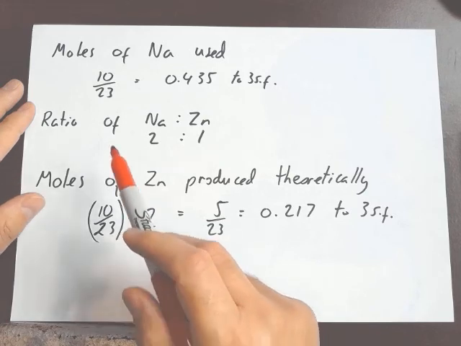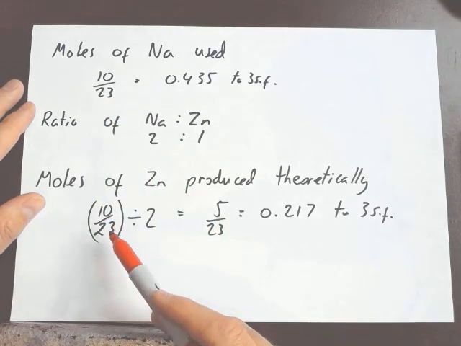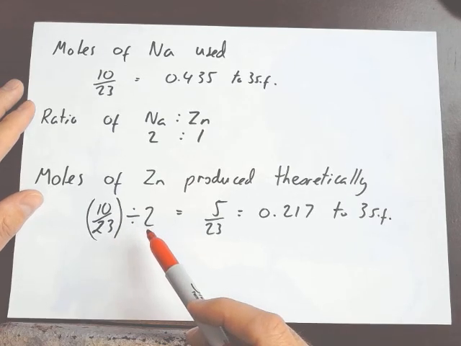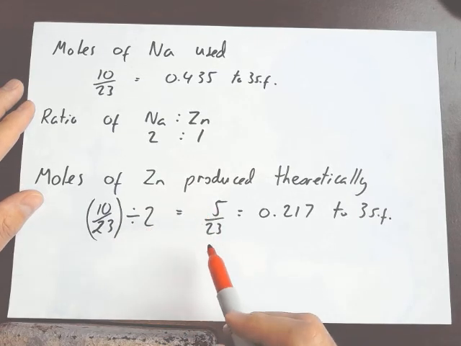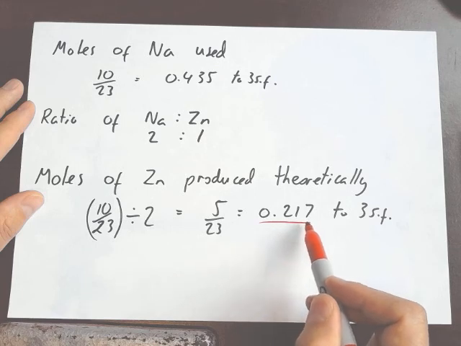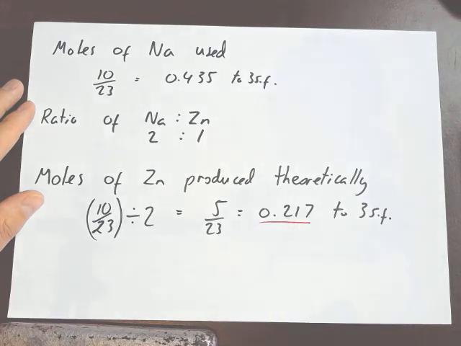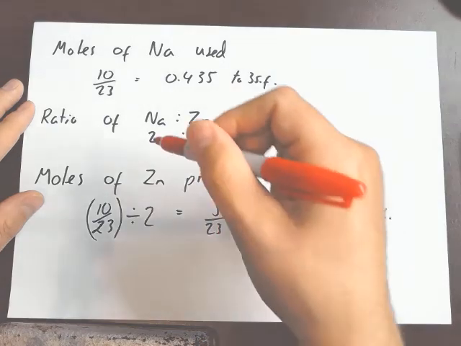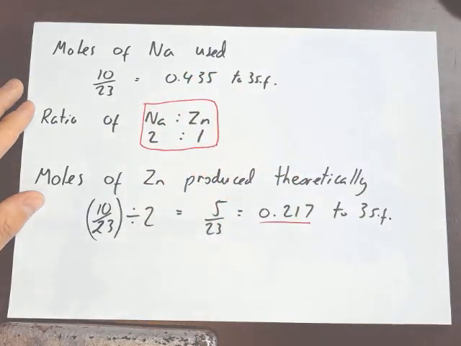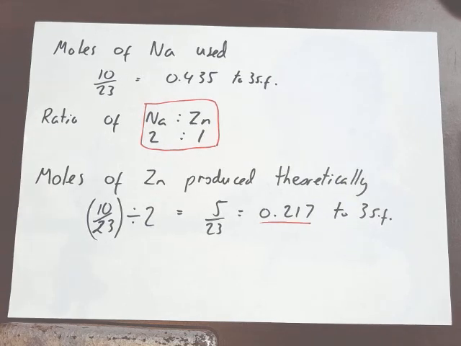So I've taken the unrounded version, because that's good practice, and I divide it by 2, and so that'll give me 5 over 23, which to 3 significant figures is 0.217 moles. So this is why this one was a little bit different, because it's not a simple one-to-one. There is a ratio within here, and that's why I'm going through it with you.